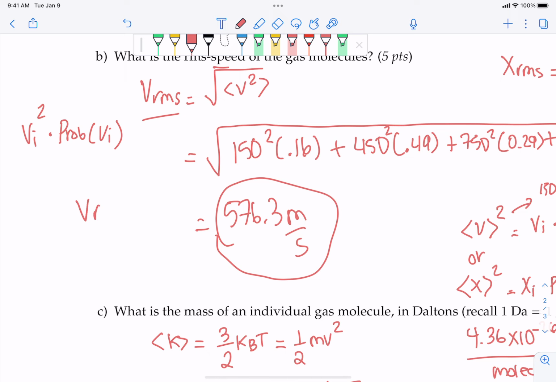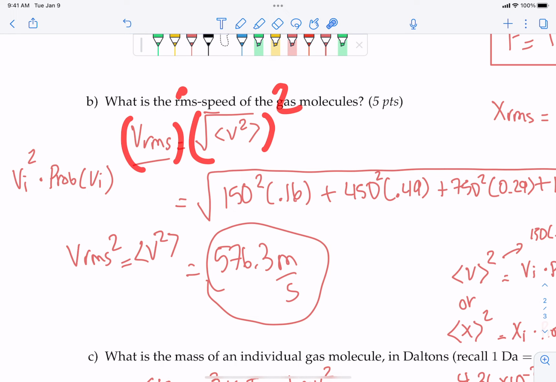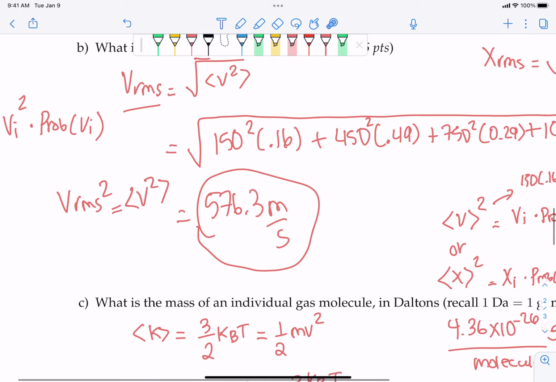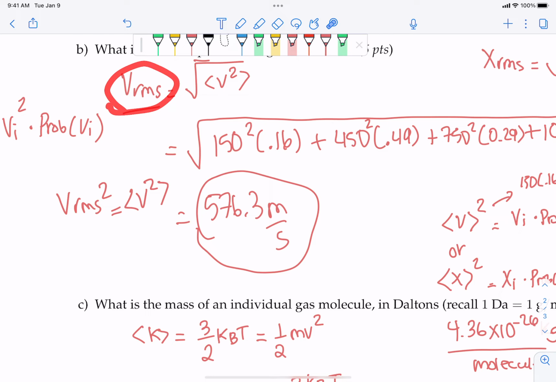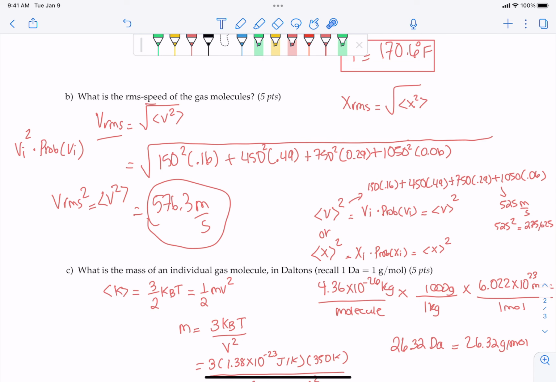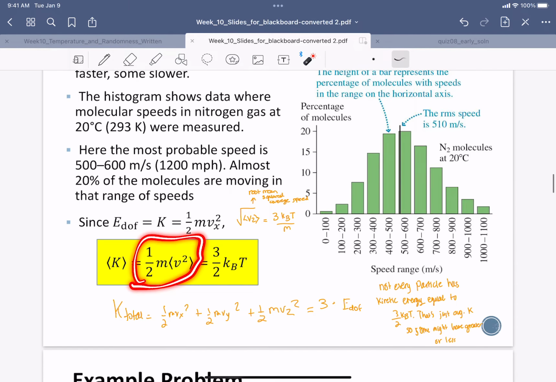If we square VRMS, we get rid of the square root, and you're left with this value right here. So if we take the RMS speed and square it, we get this value on the inside. So when you're doing your calculation using half mv squared, use your RMS speed and square it. You see what I mean? Does that make sense?